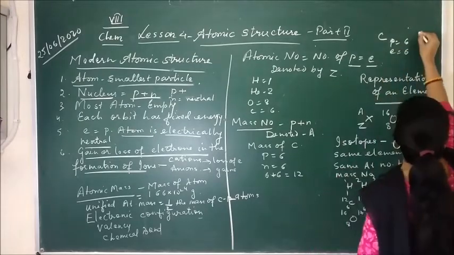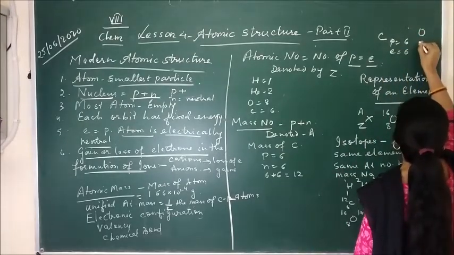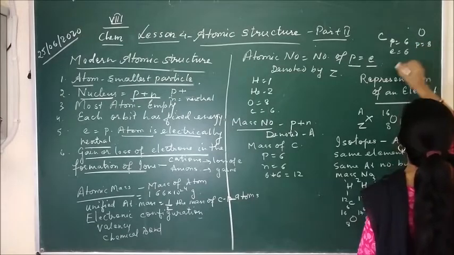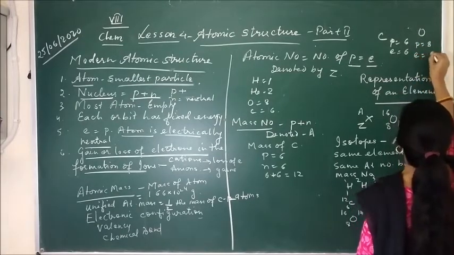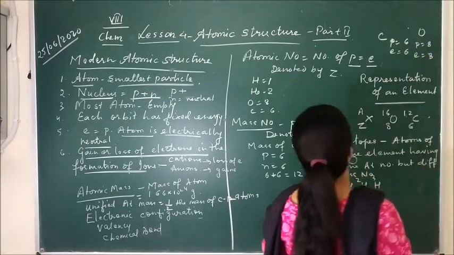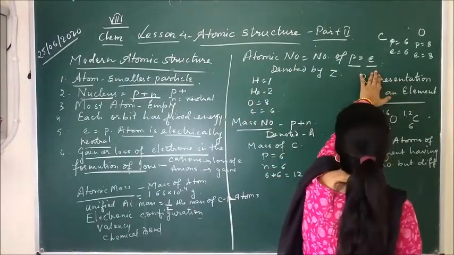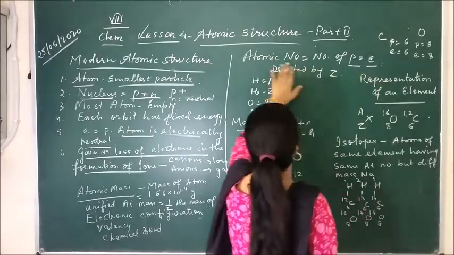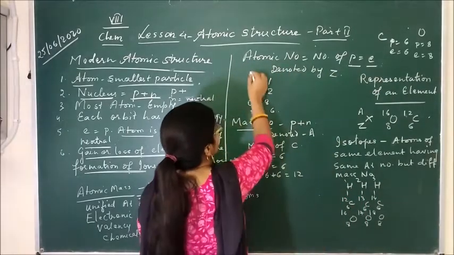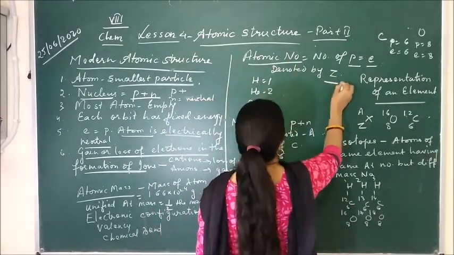In the same way, in the oxygen atom, the number of protons is equal to 8, so the number of electrons will also be 8. Means here what I want to say is that the number of protons will be equal to the number of electrons, and that is called the atomic number, and it is denoted by Z.